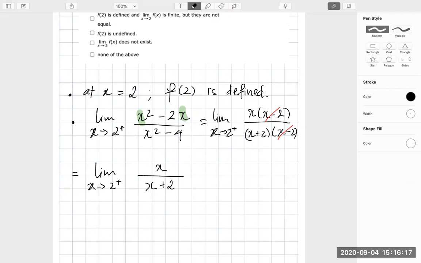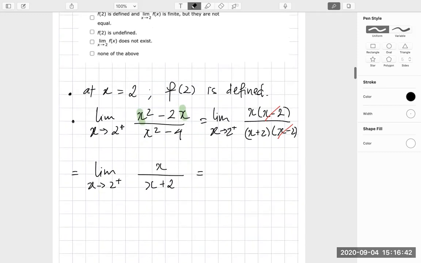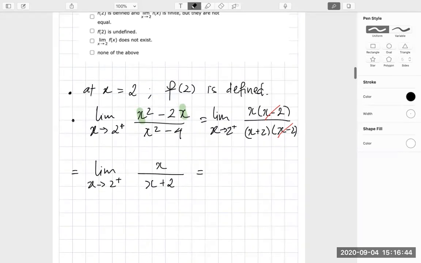We see that this function is continuous, the quotient of two continuous functions, right? The polynomial in the numerator is continuous. The denominator is also continuous when x is different from negative 2. And here it is continuous at 2, so we can simply substitute the value into the function.